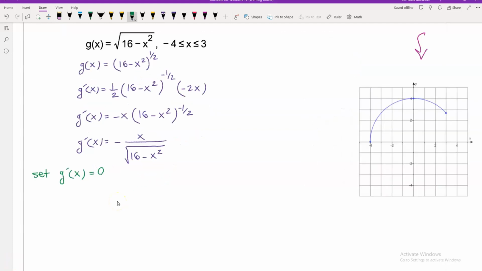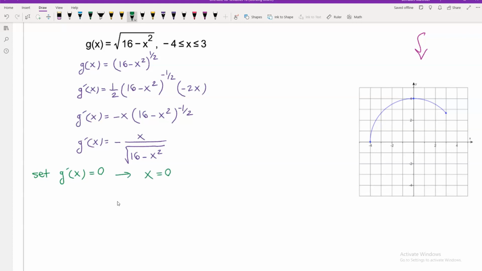Now we have to find where g prime is 0 and where it is undefined. So g prime of x is equal to 0 when the numerator is 0. So for that part, x is 0.